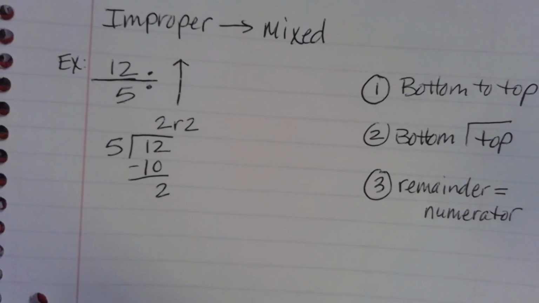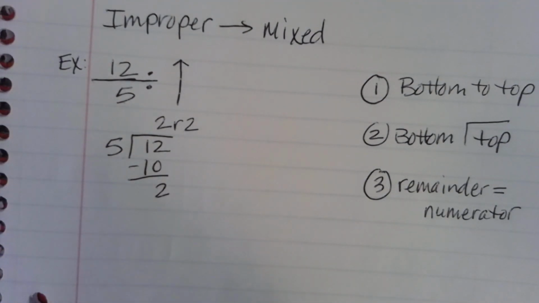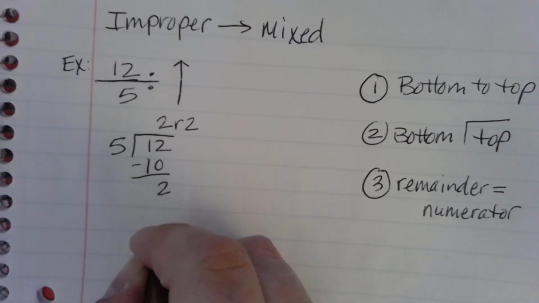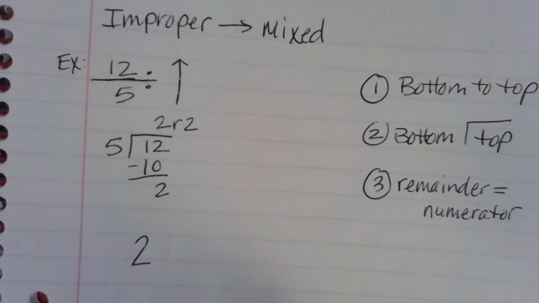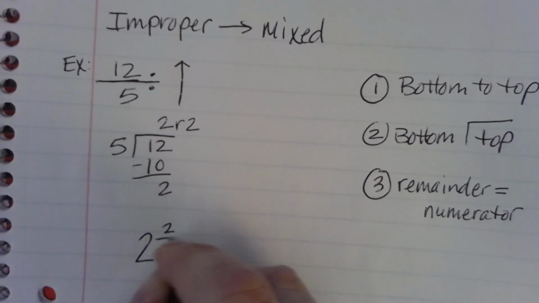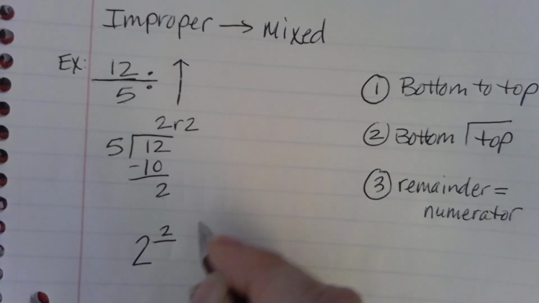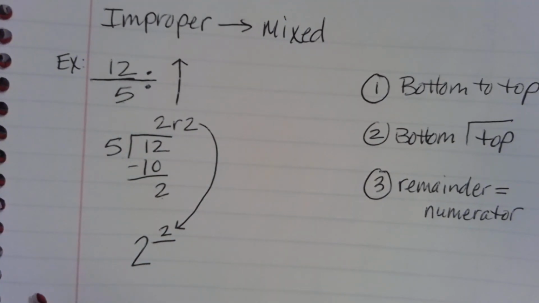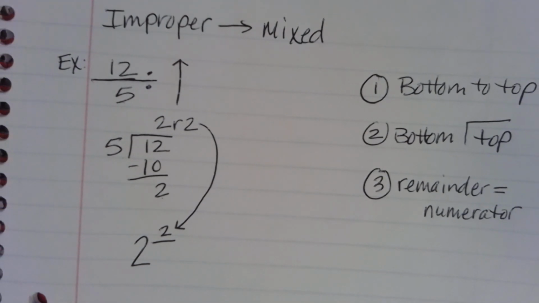So my answer will be 2 as my whole number. Again, if I have a remainder, anything left over becomes the numerator of my fraction. My remainder becomes my numerator, and what is my denominator?